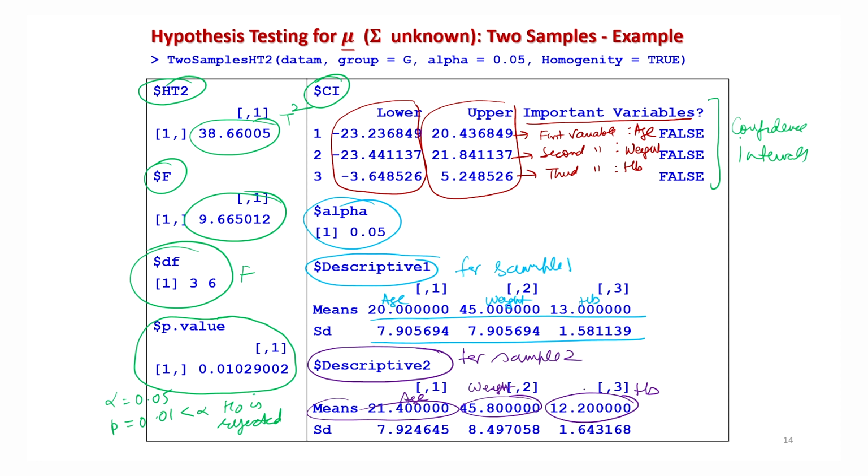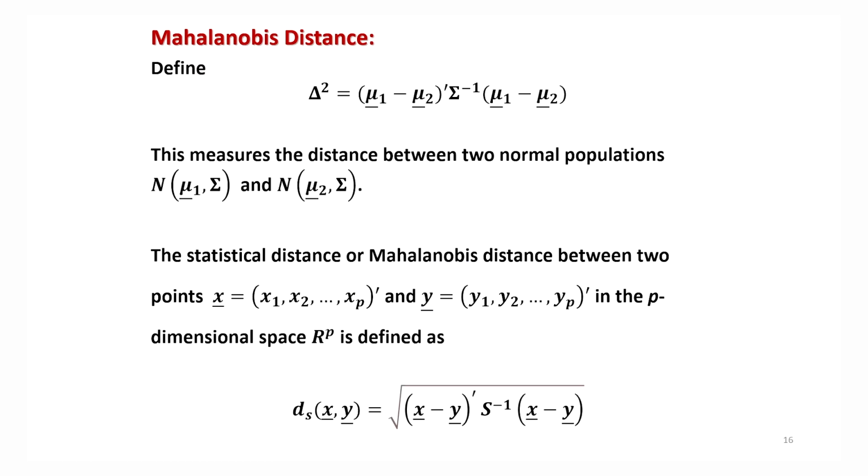So essentially, these values give you the sample mean vector. Similarly, the second row is the standard deviation of variables 1, 2, 3, that is age, weight, and hemoglobin level. So this is how you can conduct the Hotelling t-square test for the 2 sample case without any problem. And before I go to the R software, let me give you an idea, the concept about Mahalanobis distance, right?